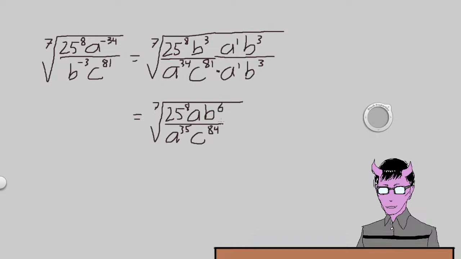And then now comes the tedium. How many 7s fit in 8? Just 1. How many 25s did we remove by taking the 7th root? 7, so there should be a leftover of 1 inside the radical. 25 to the power of 1.